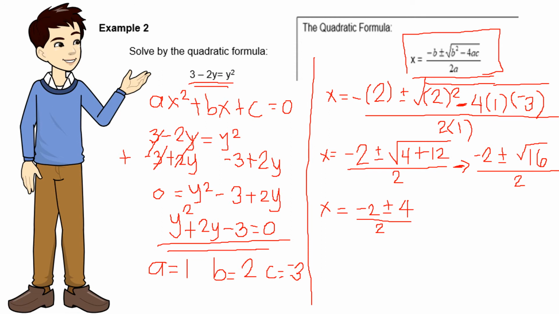So proceed na tayo with our x sub 1. Well, so sa x sub 1 natin yung plus. We have negative 2 plus 4. Gamitin natin plus 4 all over 2. So we have simplified na yung numerator, negative 2 plus 4.